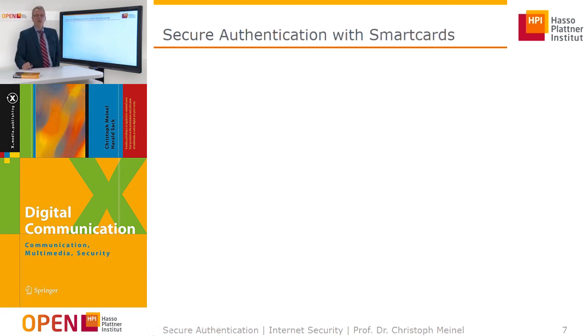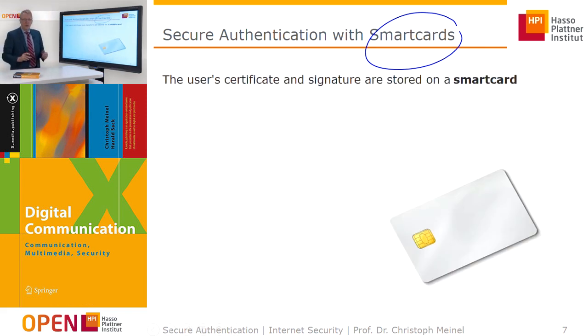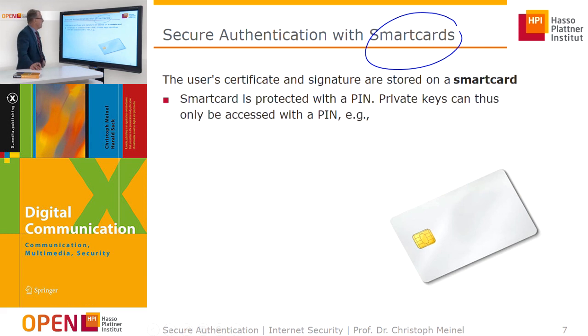There are more ways for secure authentication. It is possible to use smart cards. This is a quite convenient way. The user's certificate and signature are simply stored on a smart card. And the smart card itself is protected with a PIN.